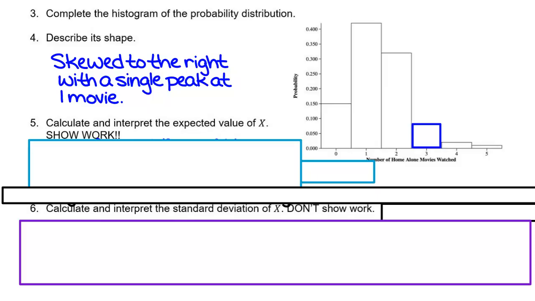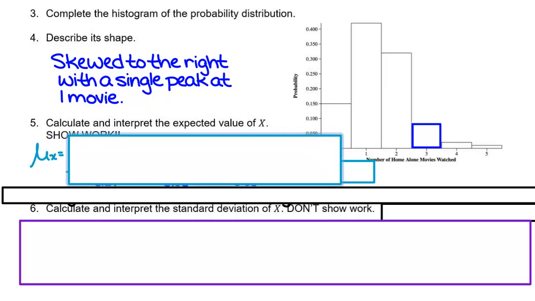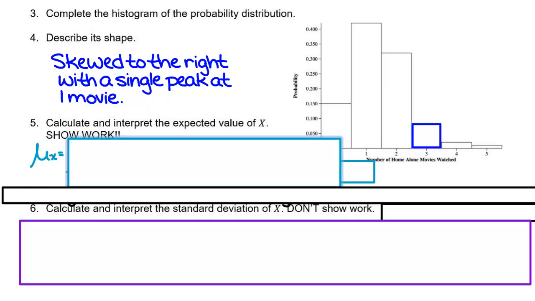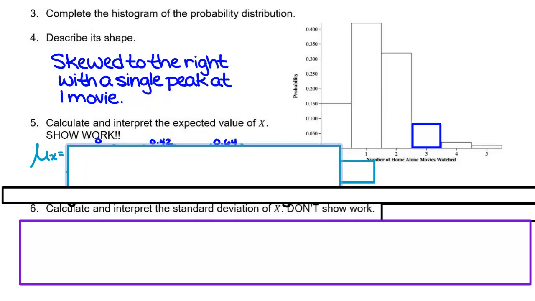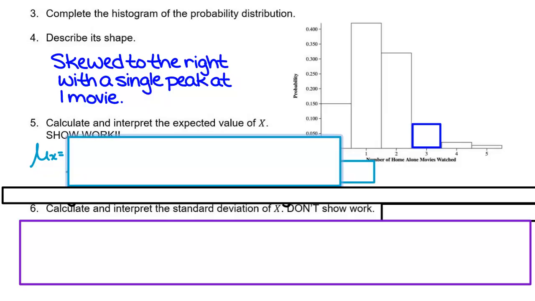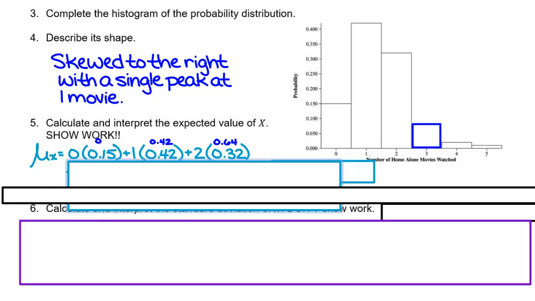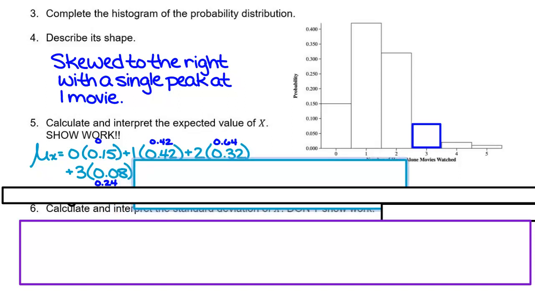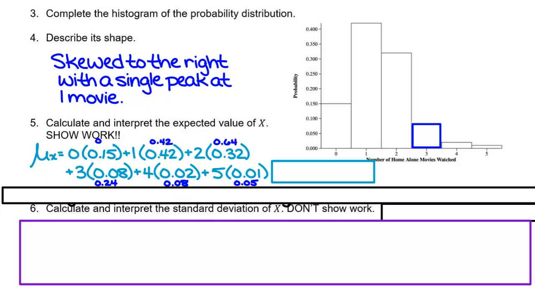What would showing work look like here? 0 times what? 0.15 plus 1 times 0.42 plus 2 times 0.32 plus 3 times 0.08 plus 4 times 0.02 plus 5 times 0.01. So that's what showing work would look like.